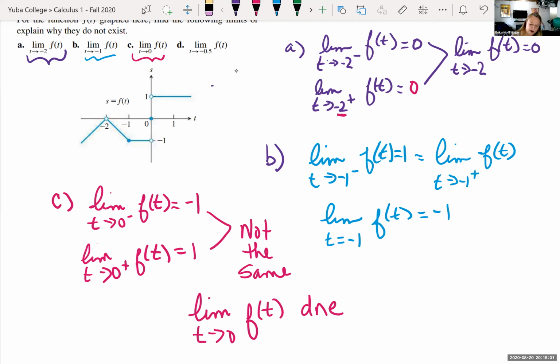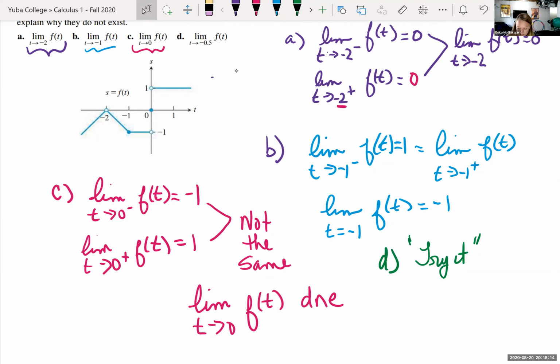Okay, so why don't you guys just try it really quick? And you can put it in the chat if you want. What would you get if you were looking at the limit as t is going to -0.5?